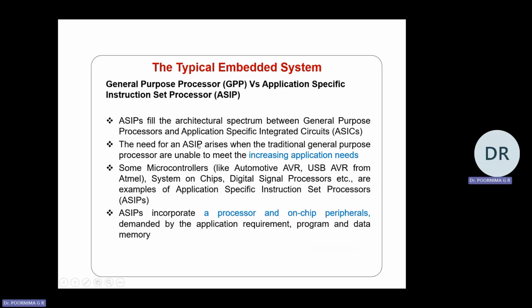The need for application specific instruction set processors arises when the traditional general purpose processor is unable to meet increasing application needs. For example, some microcontrollers like AVR and USB AVR from Atmel, systems on chips, etc., are examples of application specific instruction set processors.